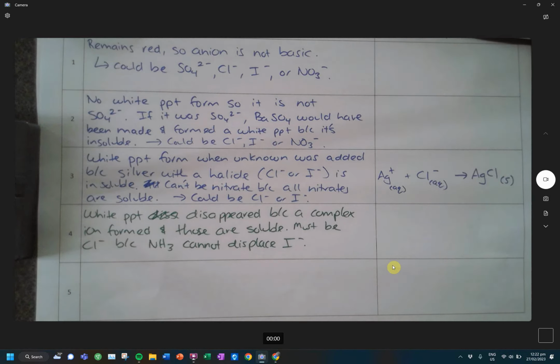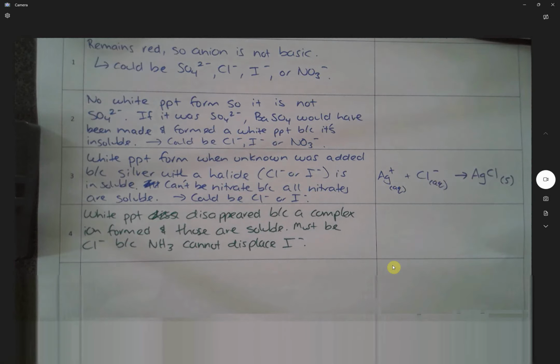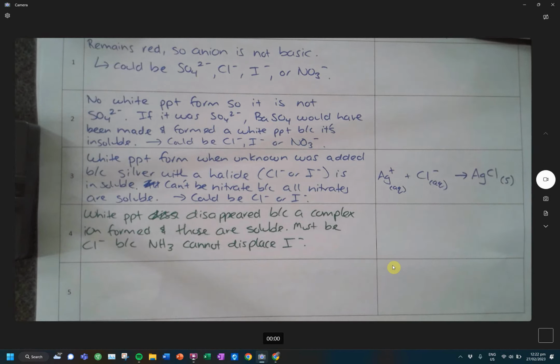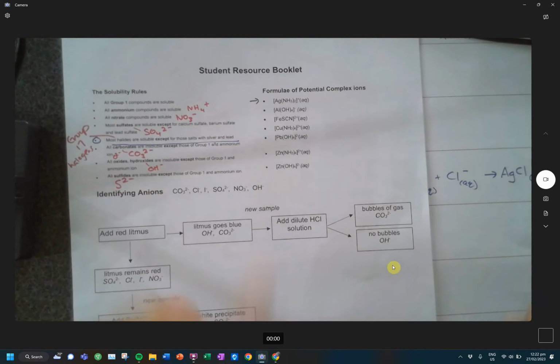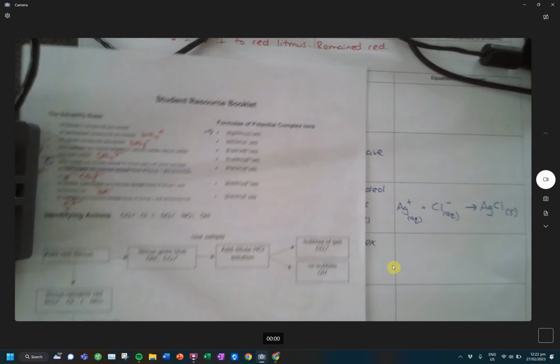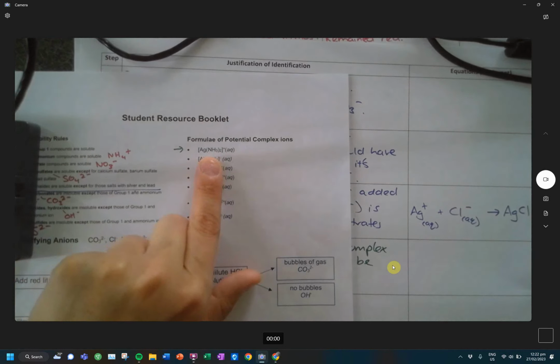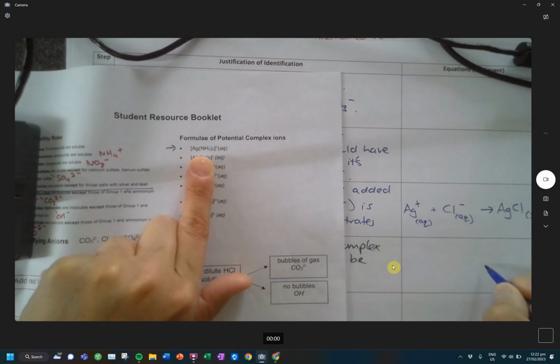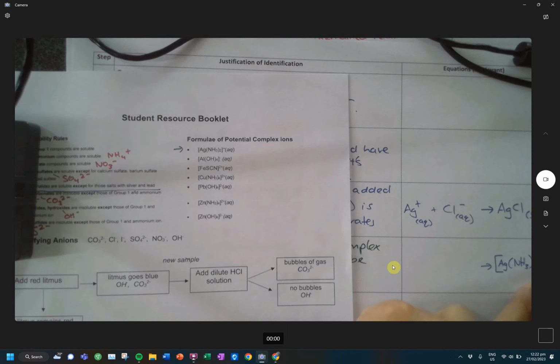All right. The other equation I have is this complex ion. The good news is that I provide this as listed on my resource sheet. So what I do is I take the silver and I write my product down. With the complex ions, we need to have the square brackets to show that it's soluble. And I need to show the positive sign and that it's aqueous.